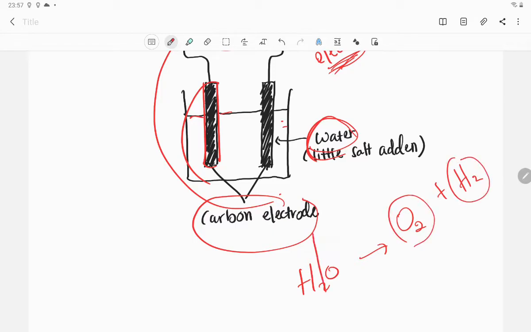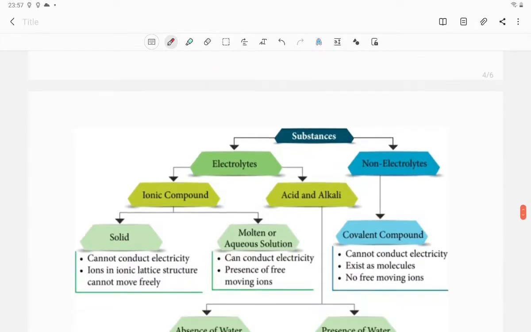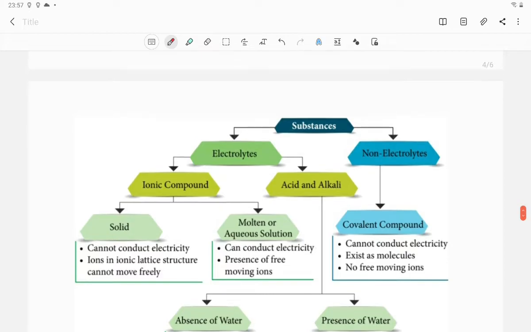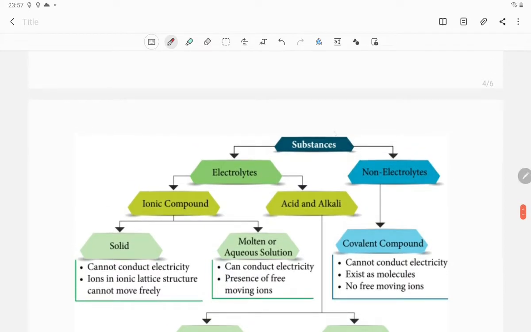So it means we break down the molecules, lysis it, so that you can have its two constituent elements. Break down using electrical energy. So we look back at the electrolyte, a substance that is electrolytes.